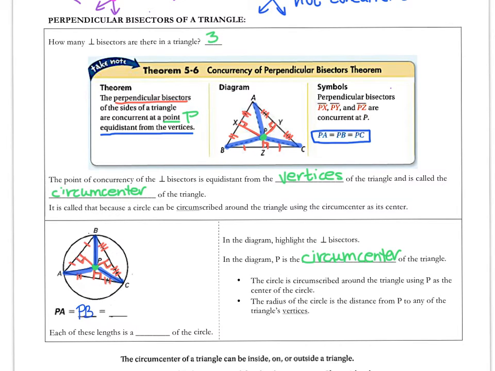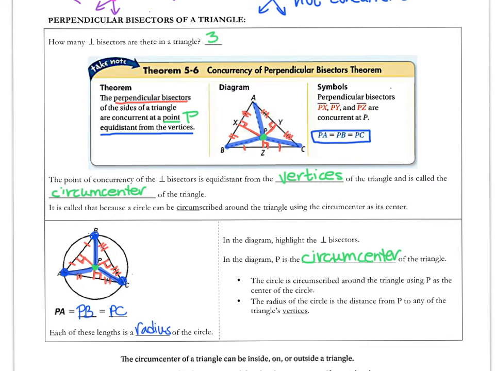An easy way to remember that is that because it's called a circumcenter, you can circumscribe a circle around the triangle, and circumscribing means that each one of the vertices lies on the circle, and each of those lengths is a radius of the circle.